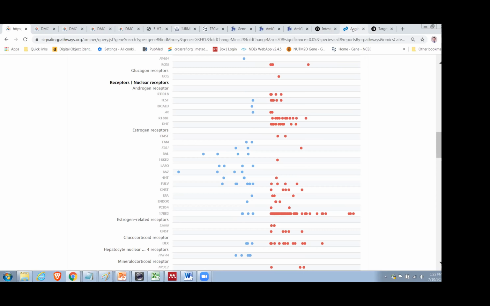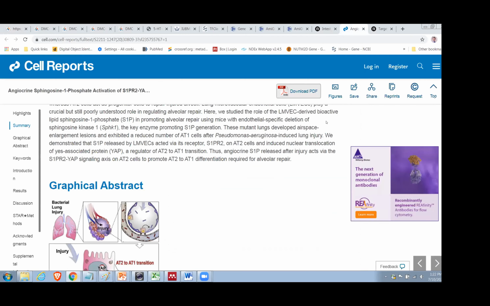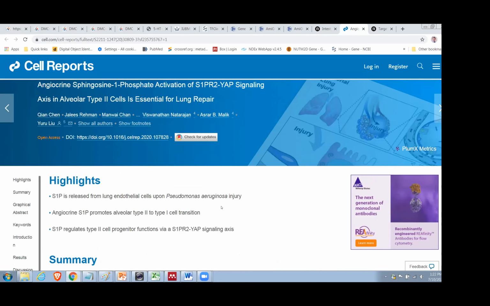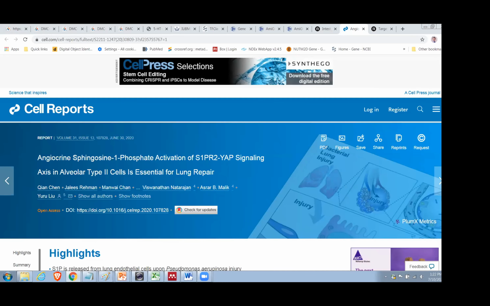for SPP. What I wanted to touch on next was the article that I was referring to earlier, where they identified sphingosine 1 phosphate as a native small molecule that was essential for lung repair.